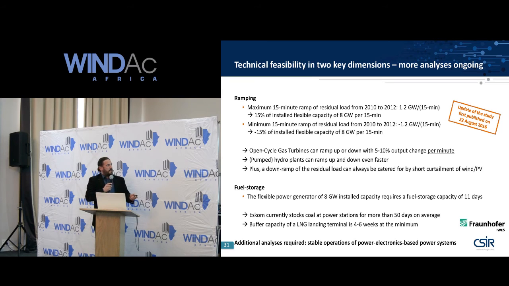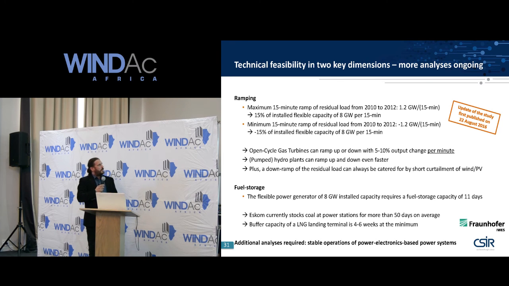We see we can have changes per minute of 5 to 10% of the nominal power. Pump hydro is even faster. It can be made available within seconds. And if we think about curtailment of wind and PV, it can be made instantaneously.